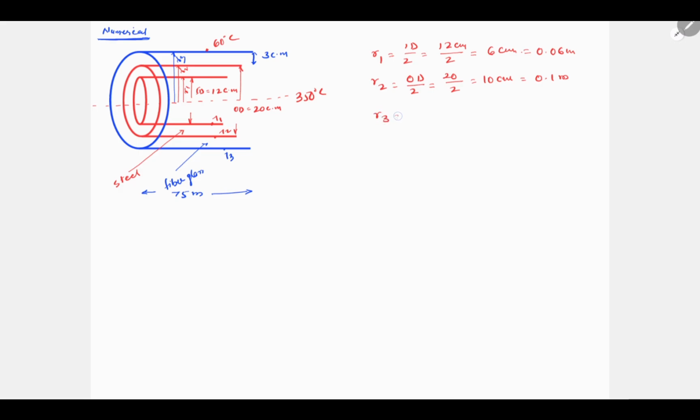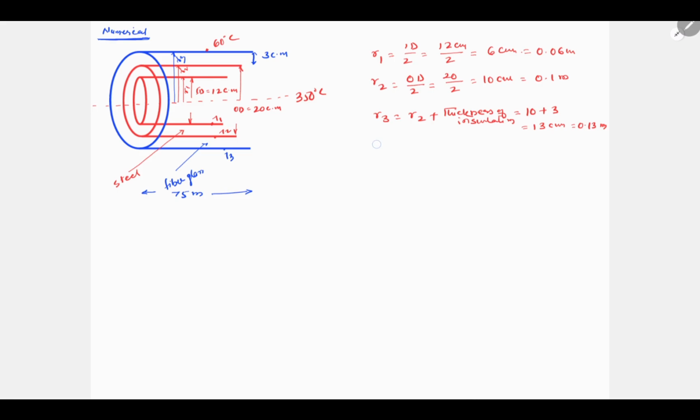R3 is equal to R2 plus thickness of insulation. R2 is 10 centimeter plus thickness of insulation is 3, this is 13 centimeter, or you can say 0.13 meter.